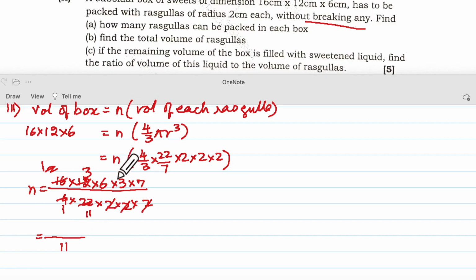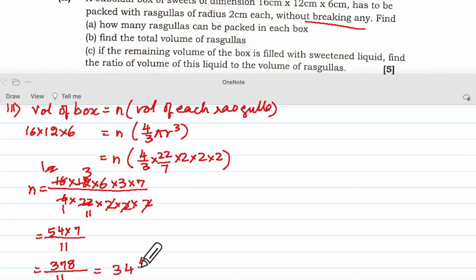So 9 into 6 is 54 into 7, that will be 7 4s 28, 2. 378 upon 11, which is 11 3s 33, remain 4, 11 4s 44, and 44 and 4.